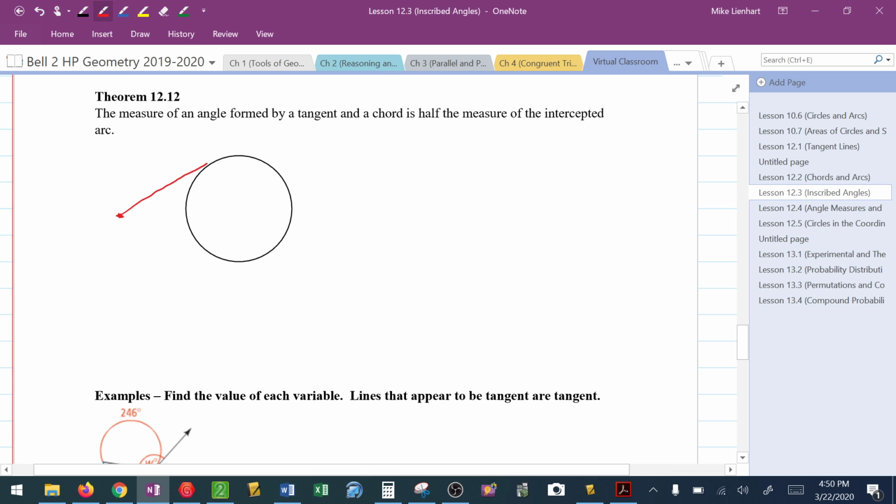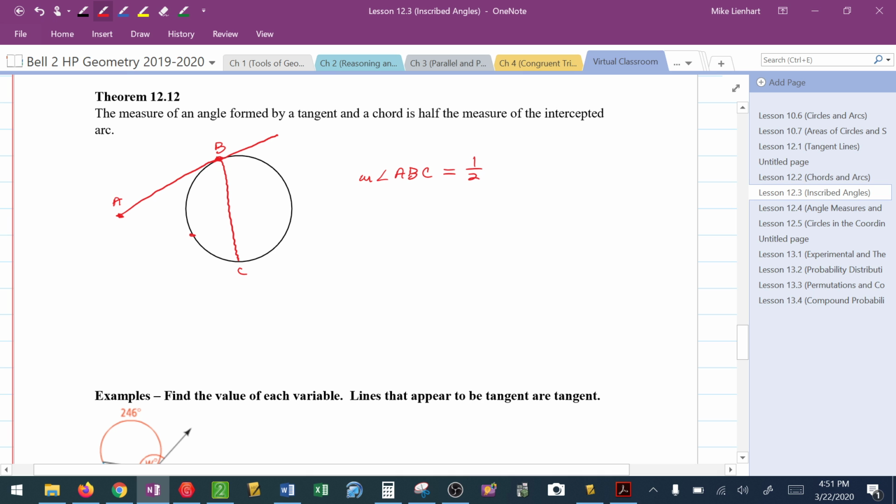So if I have a tangent right here, all right, and this tangent creates an angle at the point of tangency, and that angle is a chord. All right, so let's call this A, B, C. All right, I know that the measure of angle ABC is going to be half its intercepted arc.